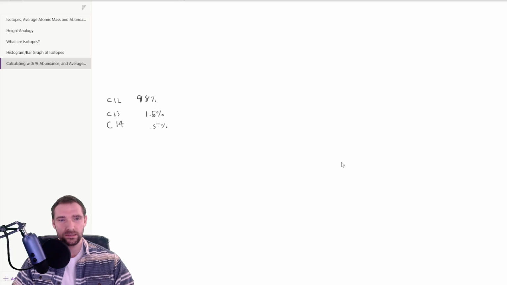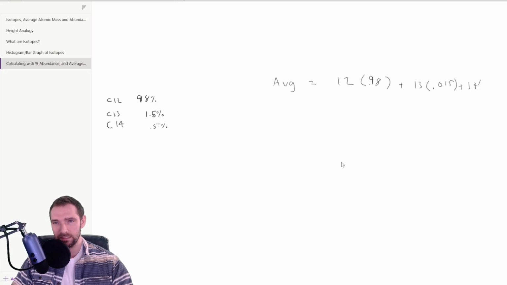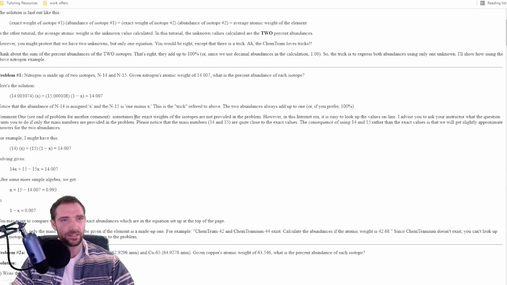So you can think about the average for carbon being equal to 12 times 0.98 plus 13 times 0.015 plus 14 times 0.005.